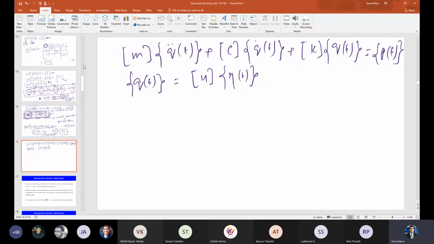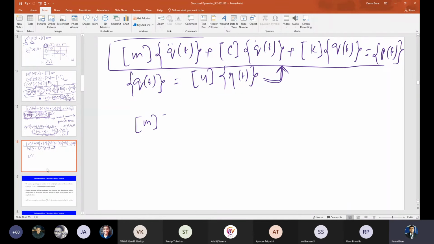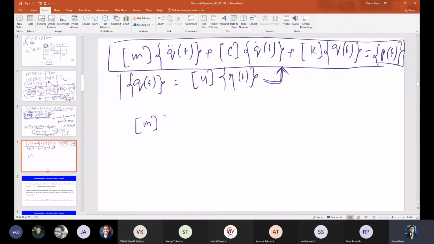Now substitute this in the equation. What will I get? I am substituting this solution in the equation of motion.